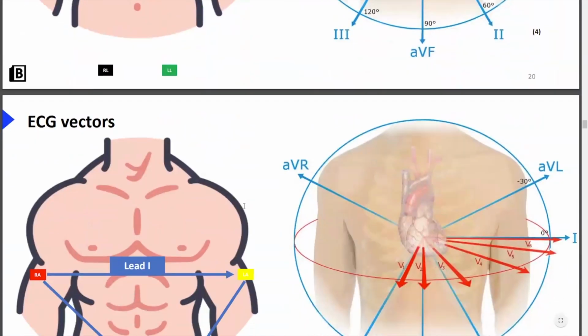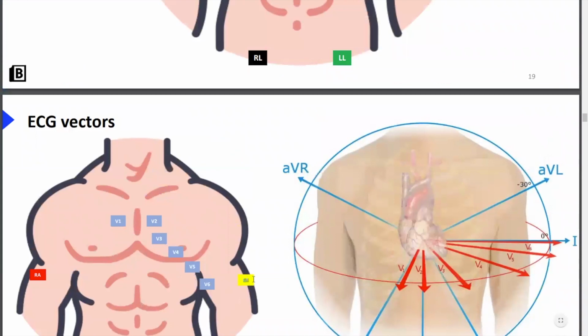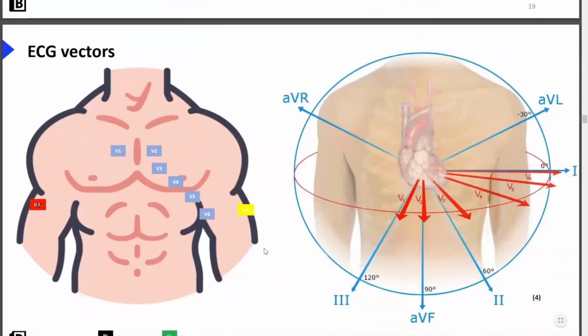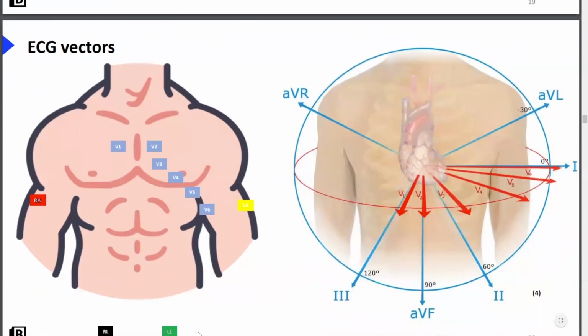The current flowing towards the left arm is represented by AVL. The current flowing towards the right arm is represented by AVR, and the current flowing towards the left leg is represented by AVF. So AVL, AVR, AVF all correspond to current flowing between the left arm, right arm, and left leg.